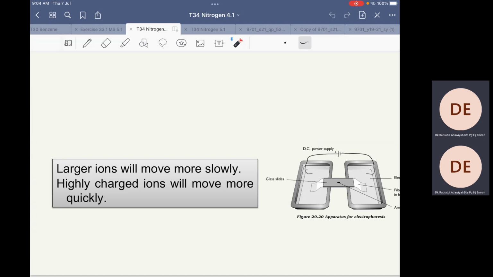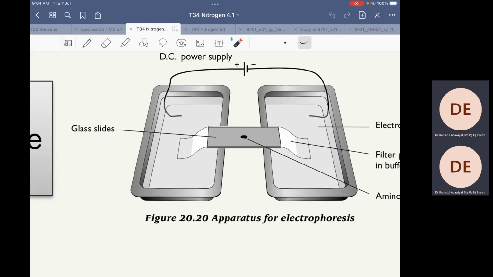Highly charged ions will move more quickly. The reason for this is the bigger the charge is, the stronger the attraction to the electrode. So you can just imagine, since this plate is connected to the positive terminal of the power supply, this plate is acting as your positive terminal, and this is acting as your negative terminal.